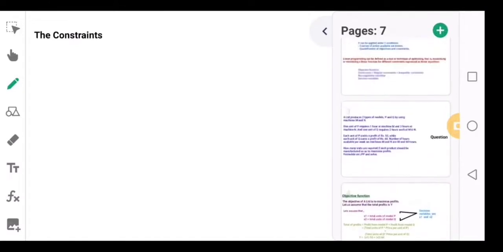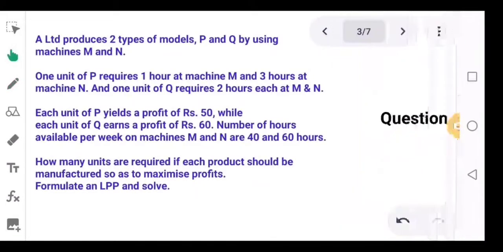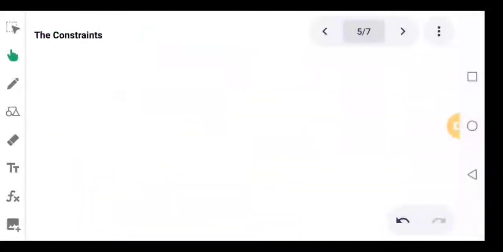Okay, now next is constraints. Constraints is easy. Let me just show what the constraint is. The constraint is this: 40 and 60 hours, the number of hours available per week on machine M and machine N. In case of machine M, total hours available is 40 hours.